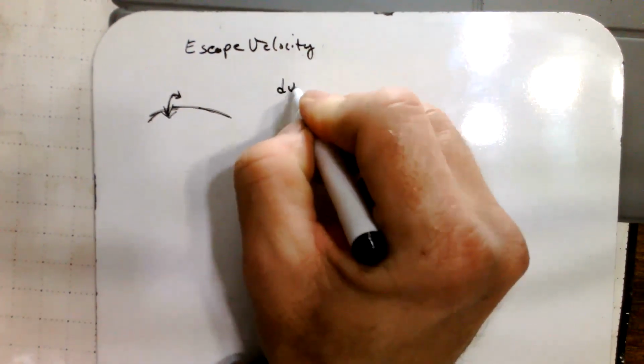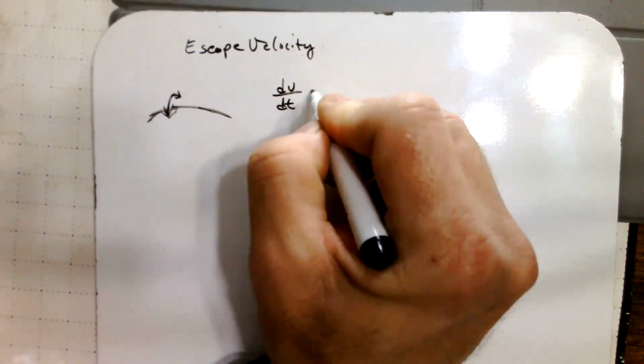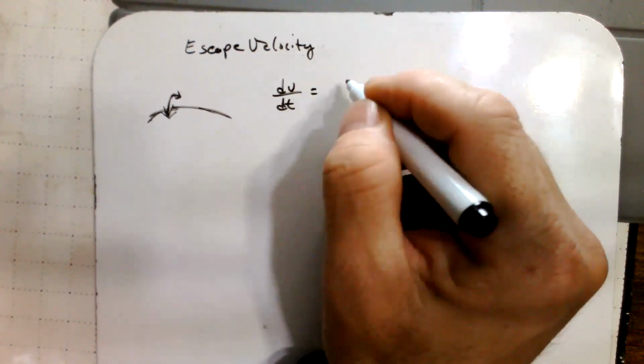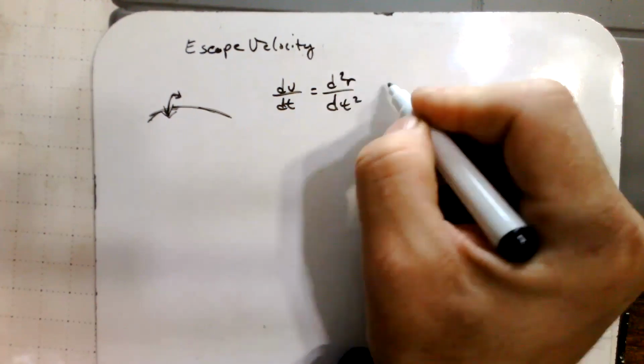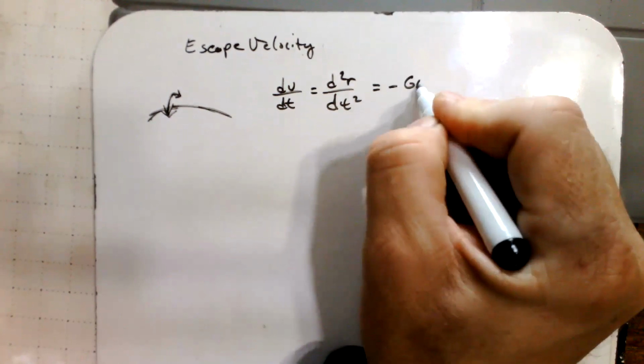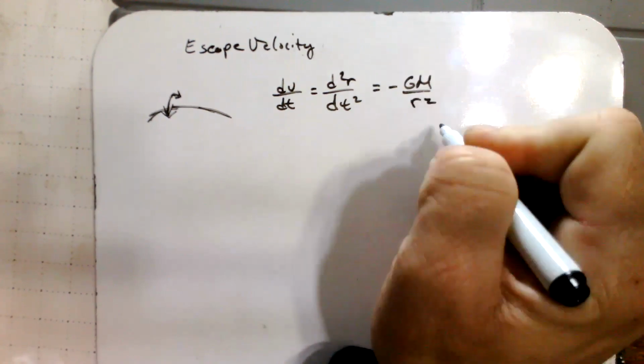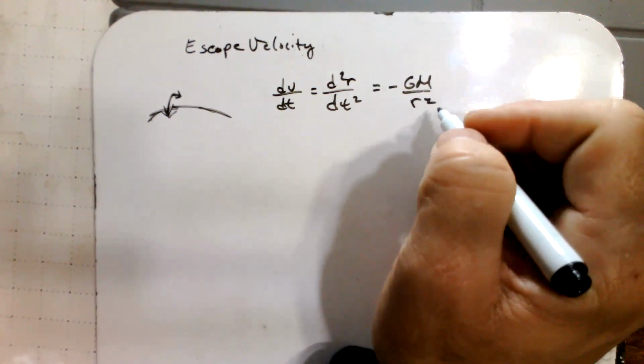So we're going to look at dv/dt is equal to d squared r/dt squared, which is equal to negative GM over r squared. Okay, so that should look familiar.